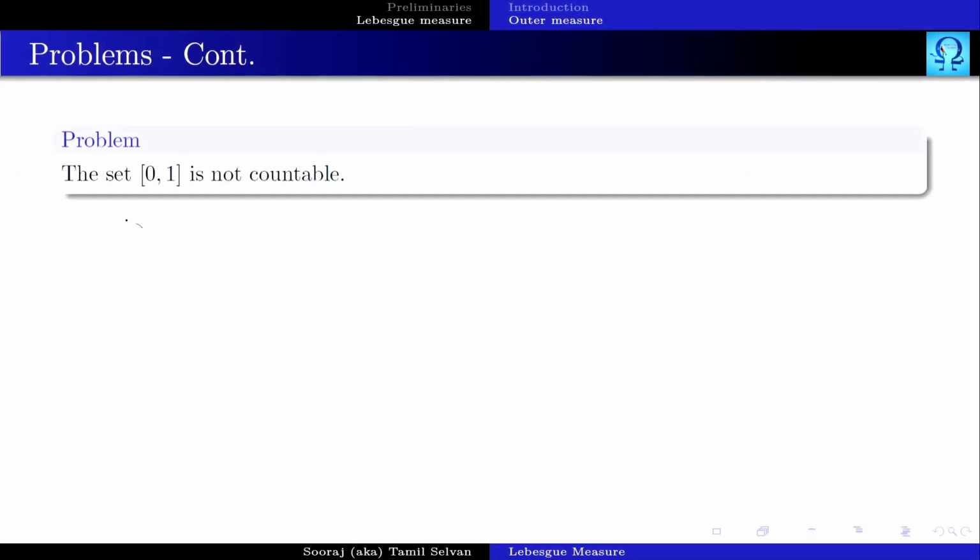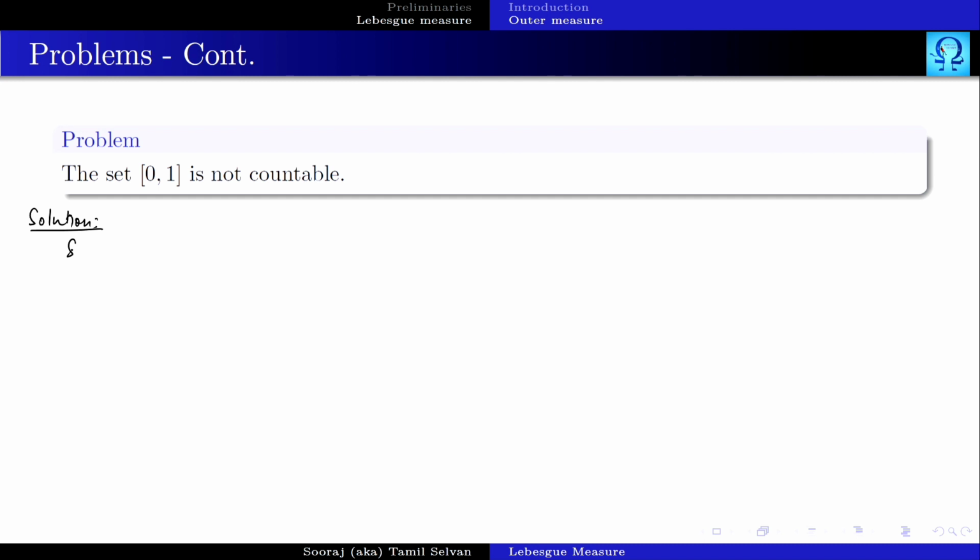The next problem tells us the closed interval [0, 1] is not countable. How are we going to do it? We will have to do this by contradiction. Do you get any idea?